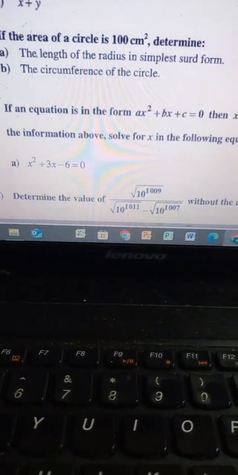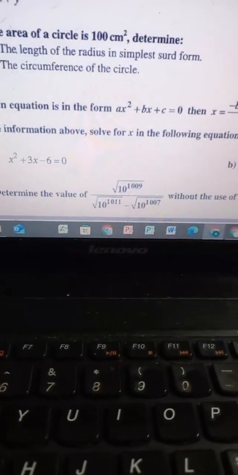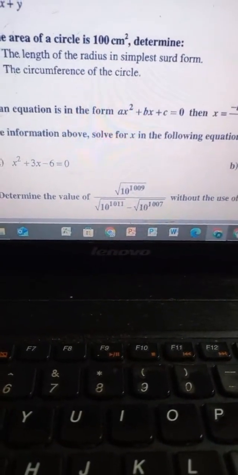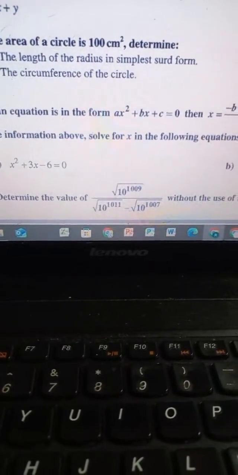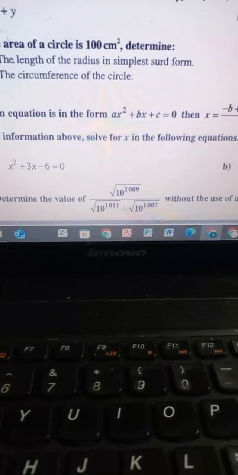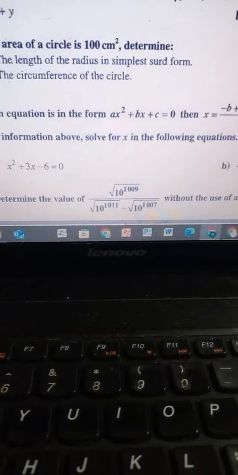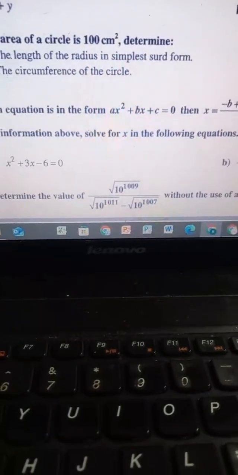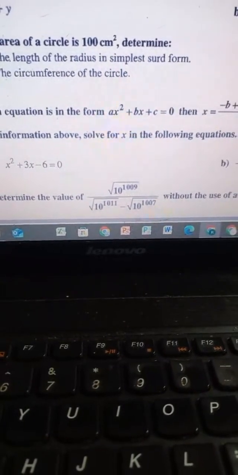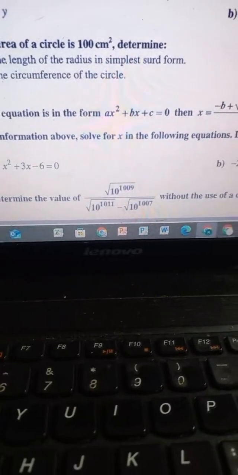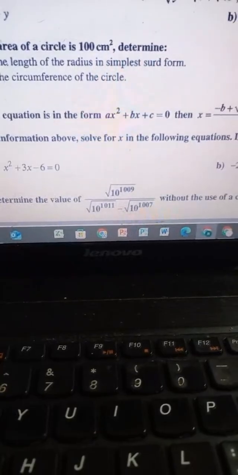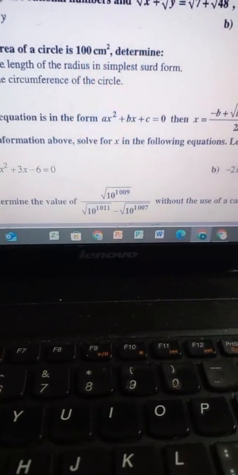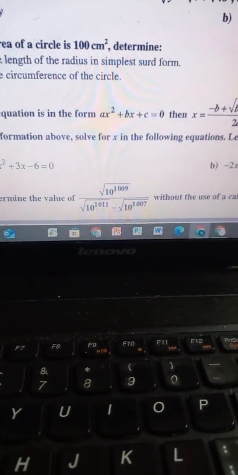Here we go. Determine the value of square root of 10 to the power 1009 over square root of 10 to the power 1011 minus square root of 10 to the power 1007, without the use of a calculator.